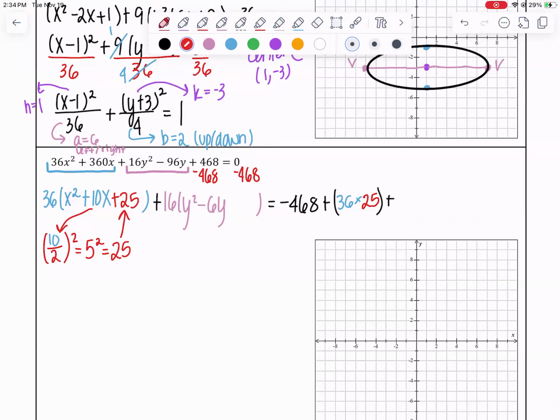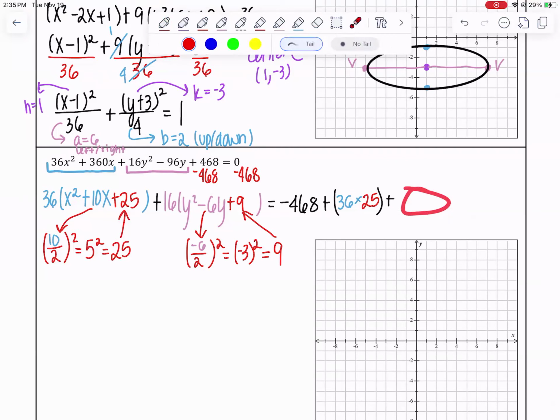Plus, then I'm taking the -6y, so -6 divided in half, quantity squared. -6 divided by 2 is -3 squared. -3 squared is 9, so I'm adding 9 in here. On the other side over here, 16 times 9 is what I'm adding.